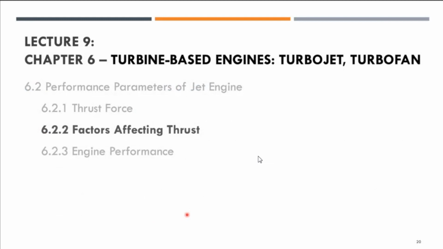Okay. Right. Let us move into factors affecting thrust. What are the factors affecting thrust apart from what we just looked at, the mass flow, the fuel ratio, the velocity component, and also the pressure and the area of the nozzle? So what other factors can affect thrust?